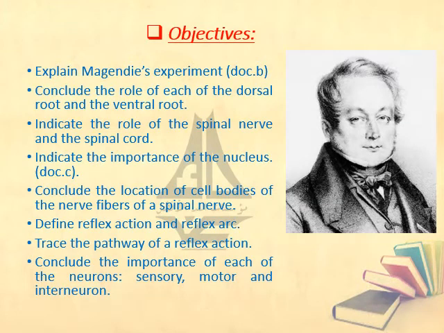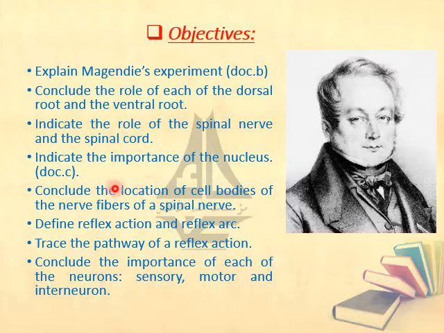The objectives of this part include Magendie's experiment. It is a very important experiment. By Magendie's experiment, you will be able to conclude the role of each of the dorsal root and the ventral root, as well as the role of the spinal nerve and the spinal cord.